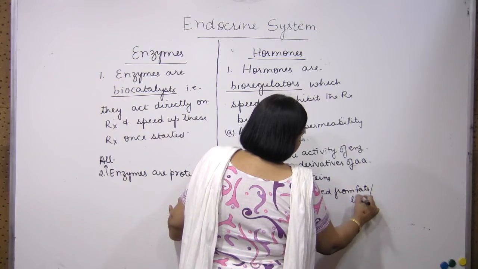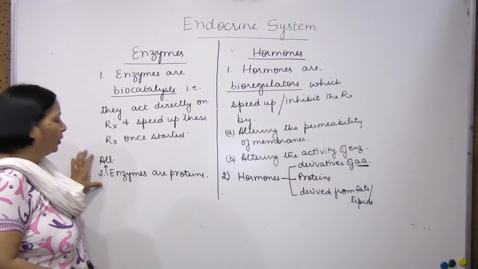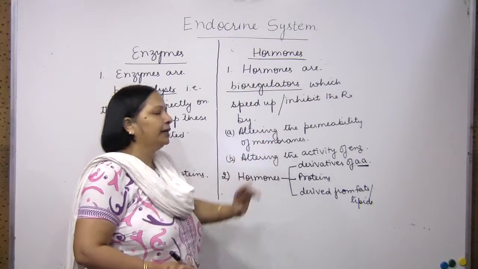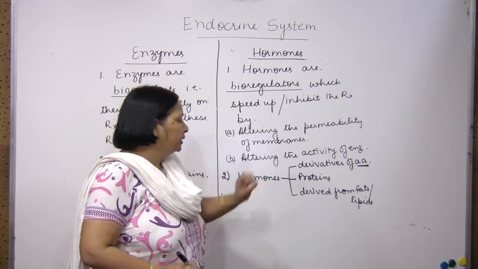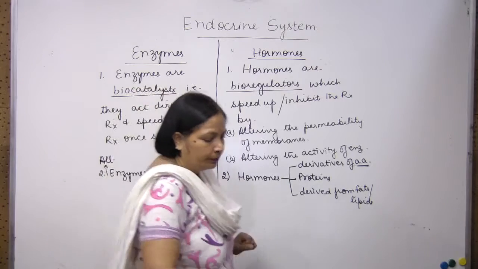What is AA here? AA is amino acid. So all enzymes are proteins, but hormones can be derivatives of amino acids, proteins, or lipids also.